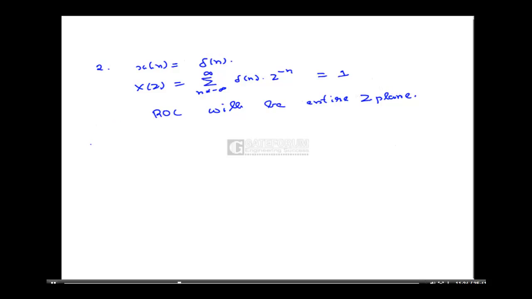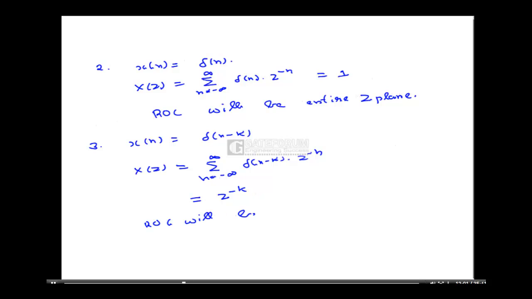Next, suppose x[n] is delta of n minus k. In this case, X(z) will become the summation from minus infinity to infinity of delta of n minus k times z to the power minus n, which is equal to z to the power minus k. Thus the ROC will be the entire z plane except the origin, or 0.